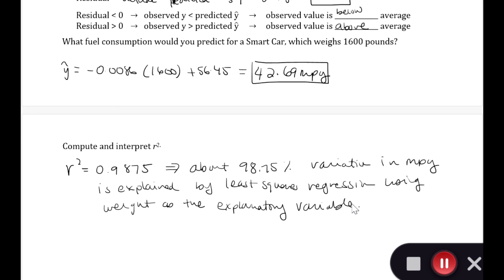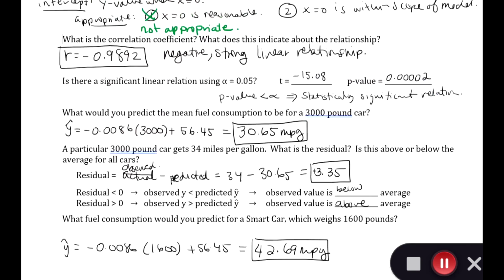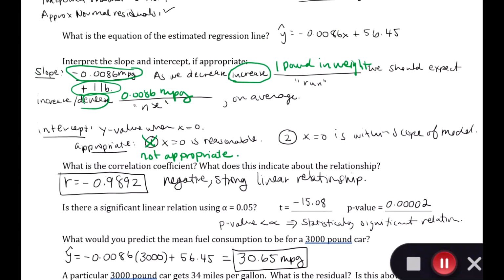Okay. This means that this linear model that we had found with our regression line is a very good model to predict and estimate what the gas mileage usage is going to be for different weighted cars.